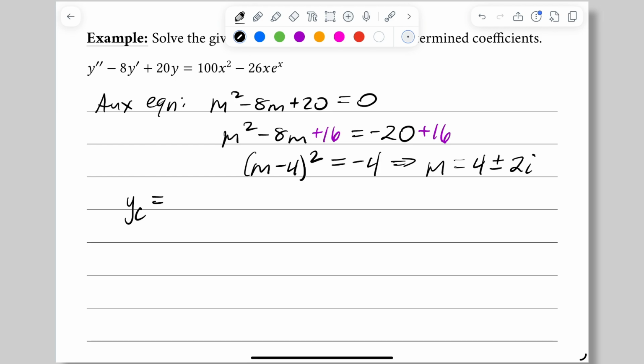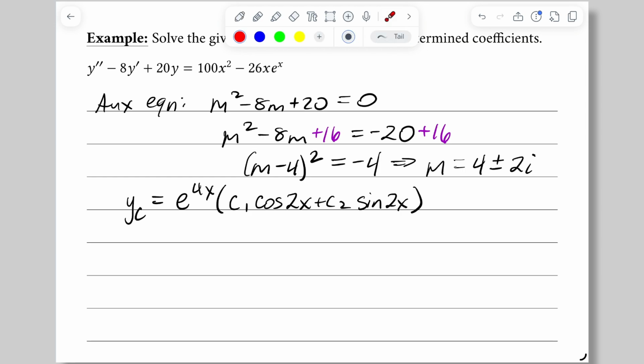y sub c is equal to e to the 4x times the quantity c1 cosine of 2x plus c2 times the sine of 2x. At this point, we do need to double check. Compare that complementary function with the right-hand side of the non-homogeneous differential equation.